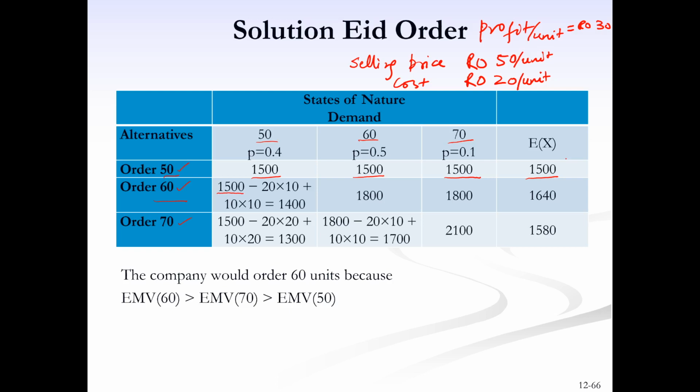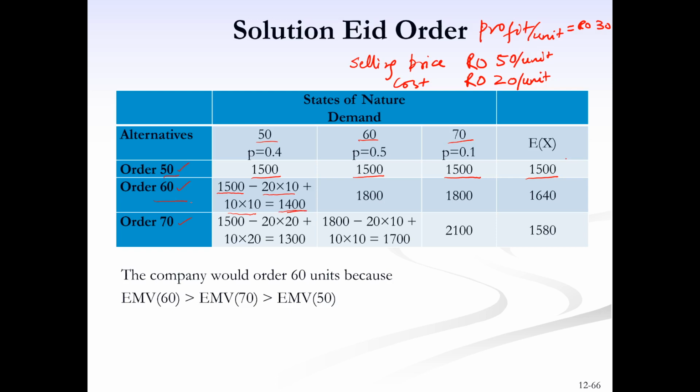When 10 units are unsold, their cost is 10 multiplied by 20, which is 200, but these 10 units can be sold to the discount store at 10 Riyals per unit. So 10 multiplied by 10 is 100. The cost is minus, and then this is again a profit. So we have 1400 altogether, this payoff.